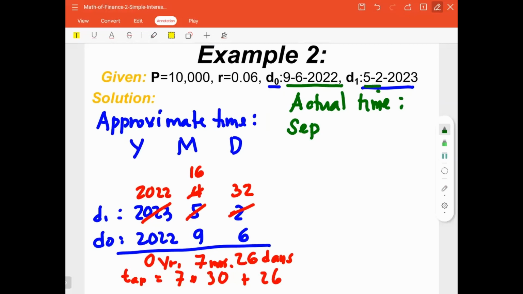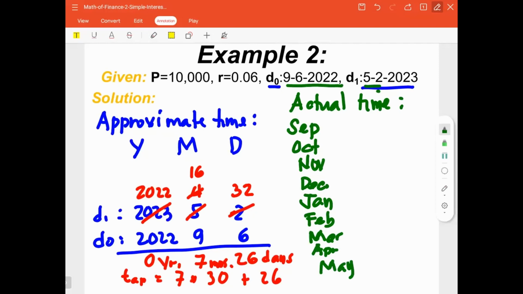So from September, we have, well, October, November, December, okay, January, February, March, April, then May. Again, for this last month, which is the maturity date, write that day there, which is this date here. Okay, then that will be the number of days there.